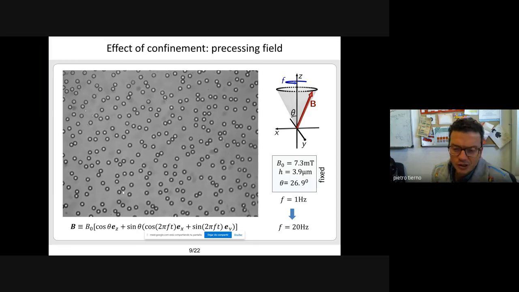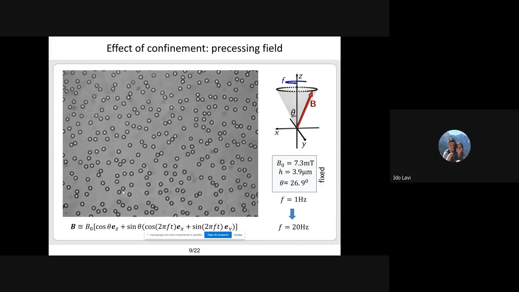Later I will show you this data. Okay? So this is later. This is just to show you what happens when I tune the field, what happens for a certain value of amplitude, a certain value of frequency. Then we show what happens when we increase the frequency, we tune the amplitude and so on.